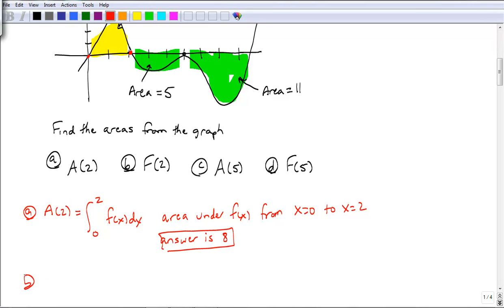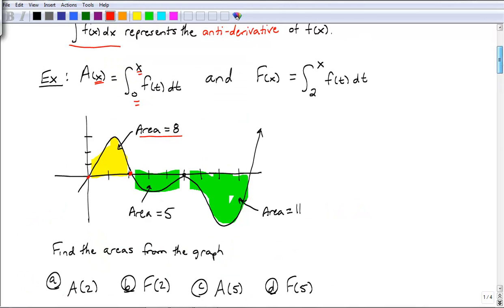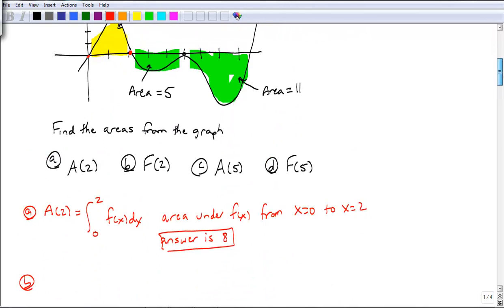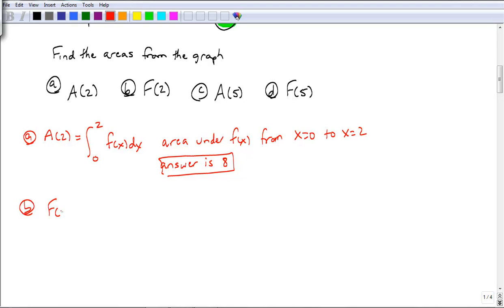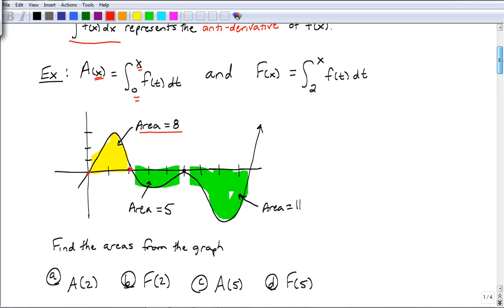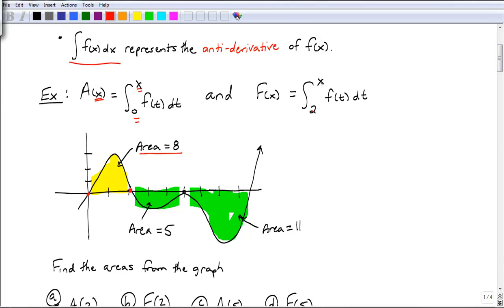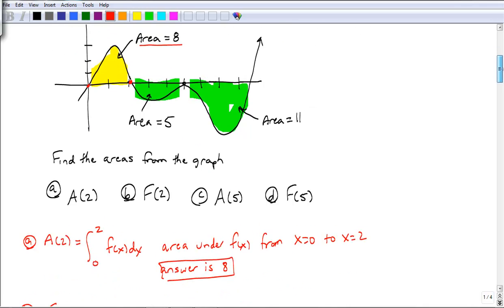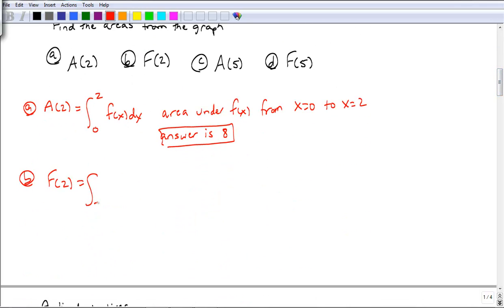B. B is F of 2. So I have to start off with F of x. Notice F of x went from 2 to x, but I'm replacing this x with the number 2. So F of 2 is the integral that goes from 2 to 2 of f of x dx.